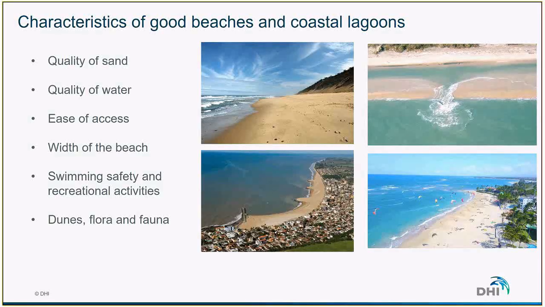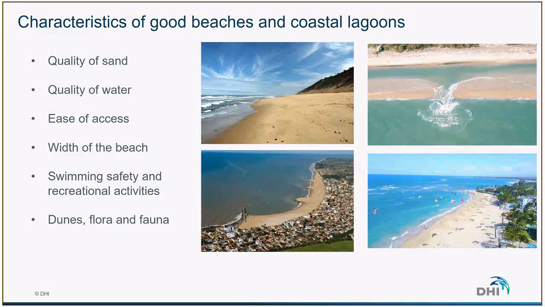The ease of access is also an important parameter because if we want to go on the beach, it has to be accessible to most of the people. We don't want to have to struggle to go to the beach. It's better if it's easy to access. The width of the beach is also an important factor because if the beach is too wide, it will require a long time to go and swim, for instance.